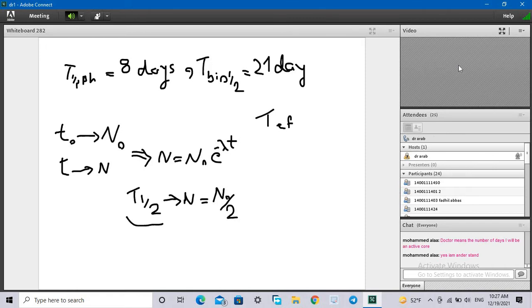Sorry, it is so hard to write with a mouse. Based on our equation, 1 over the effective half-life equals 1 over the physical half-life plus 1 over the biological half-life.